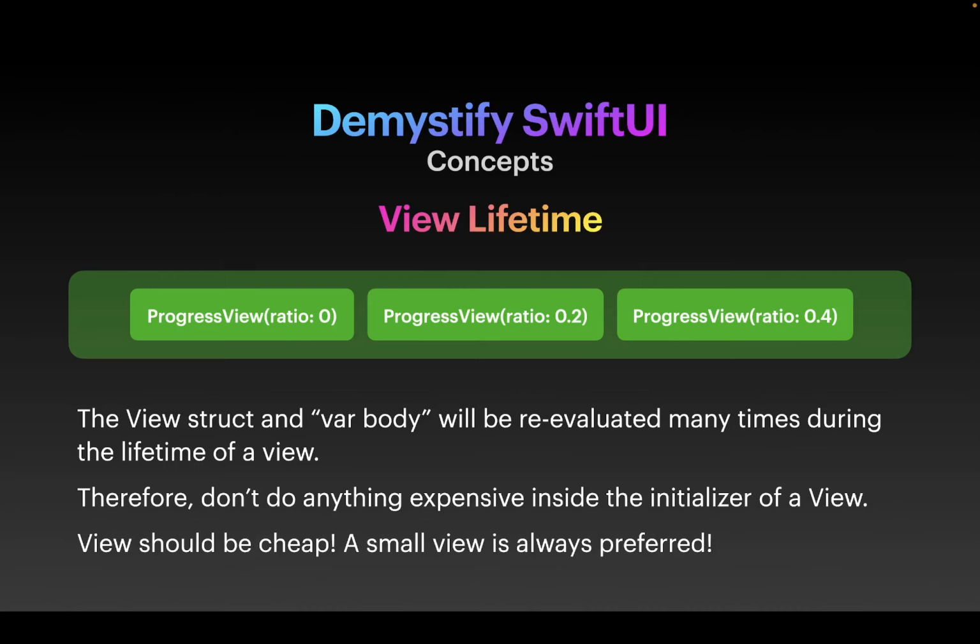If you want to do something expensive, we're going to talk about that later, which is the async await concurrency context. And yes, the view should be cheap. Usually we prefer a small view, more modularized and small.